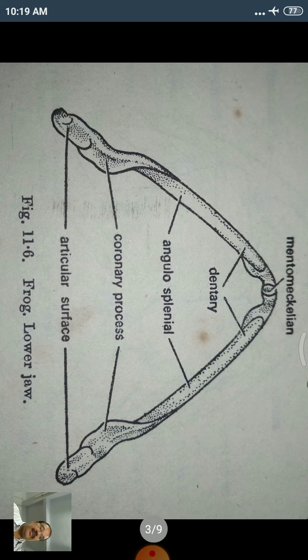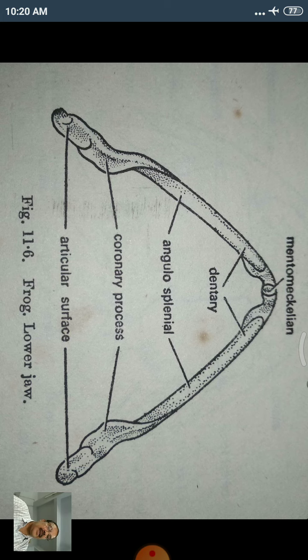Now we will take the lower jaw. The lower jaw has two rami joined in front by elastic ligament. Each half has a core of Meckel's cartilage covered over by an angulosplenial posteriorly and a dentary anteriorly.